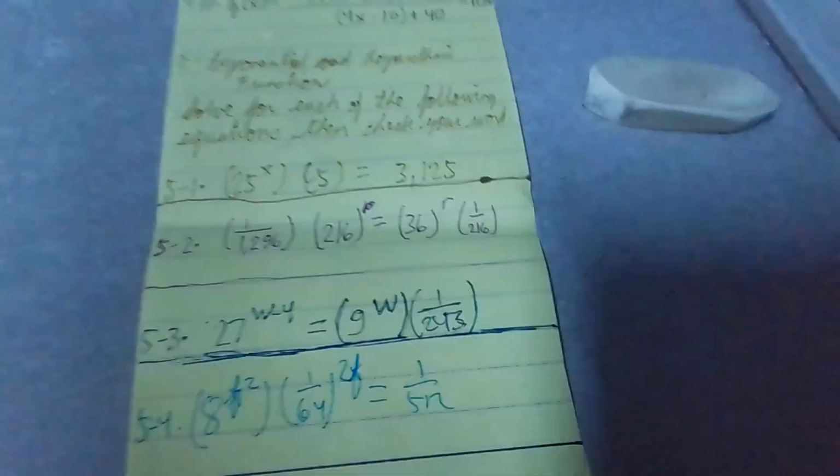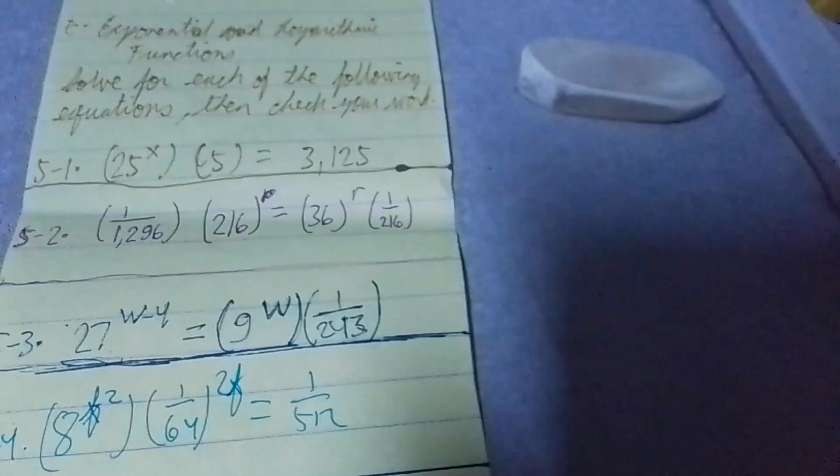Remember, power law is any base raised to an exponent, and that raised to another exponent is raised to that power. So 3 squared becomes 9, and 9 raised to what power gives you that answer? And 1 over 243 is the same as 3 raised to the negative 5.